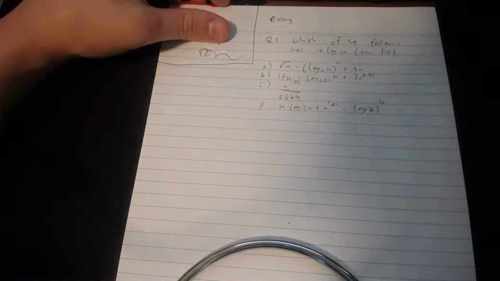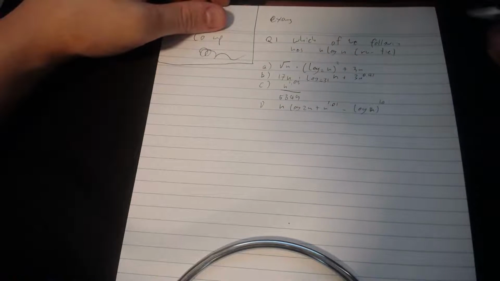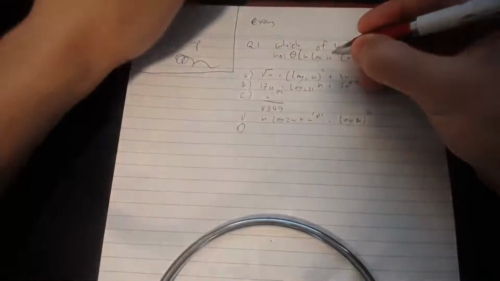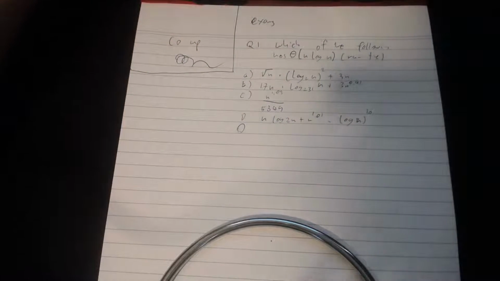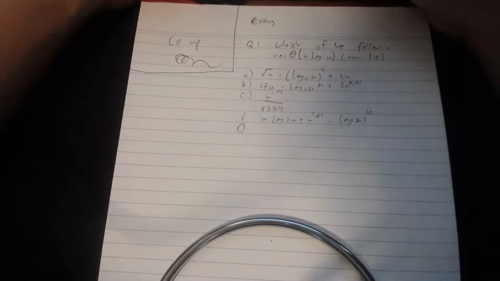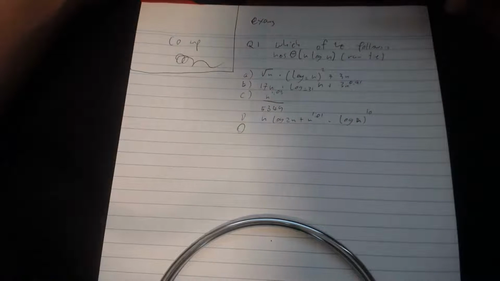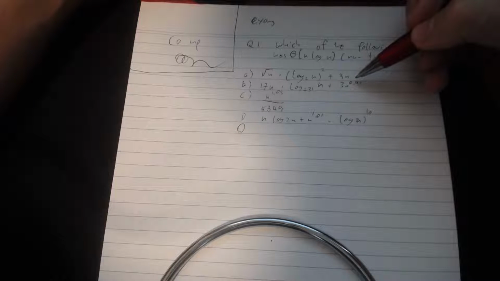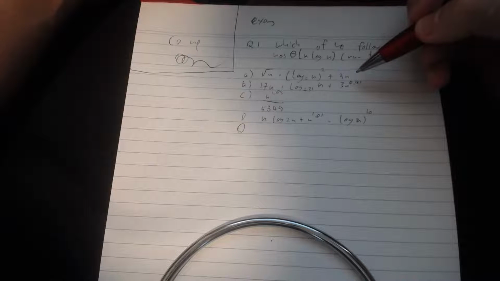Okay, so let's see what we've got. Which one of these is, and this is actually theta, sorry, so that's theta n log n. I'll make it so you can see a little more clearly. Okay, so out of those, what do we have? Let's look at our options.